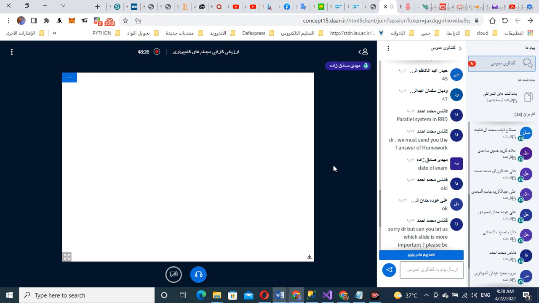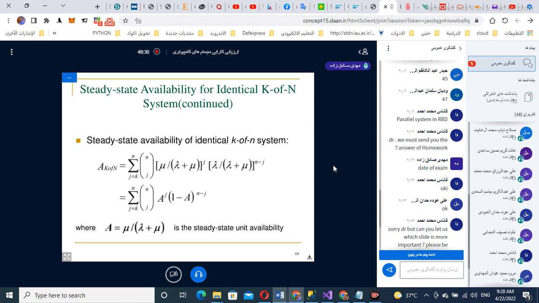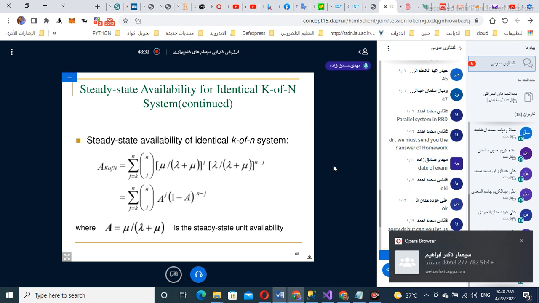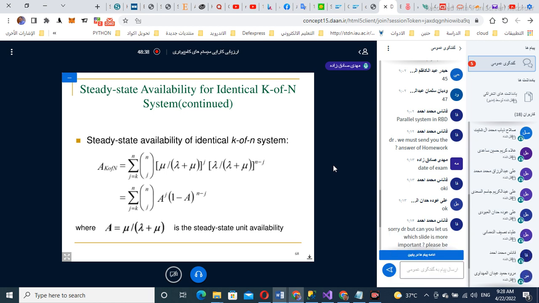A steady state availability for identical k of n system. A steady state availability of identical k of n system, that is A k of n, summation j equal k to n, because at least k components should work. (mu divided by (lambda plus mu)) exponent j multiply (lambda divided by (lambda plus mu)) exponent n minus j.